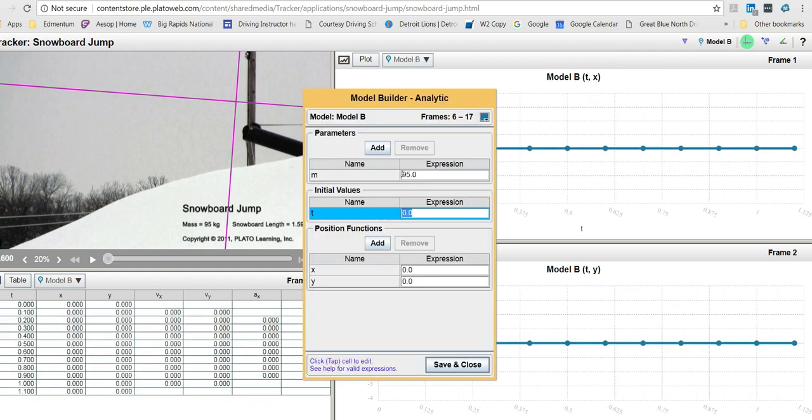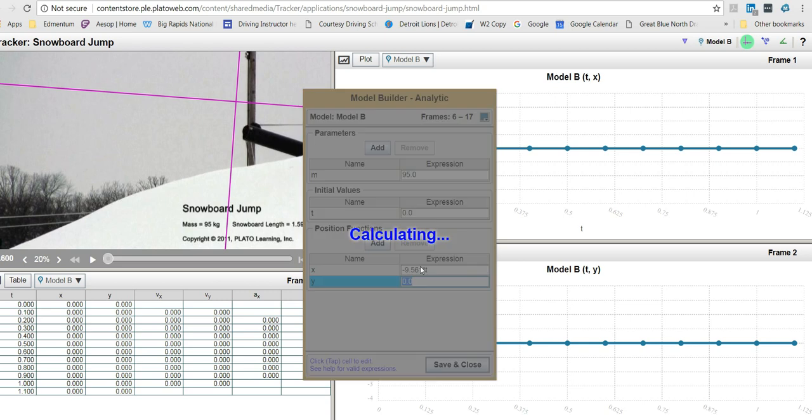Okay, the expression for x0, just keep it at value 0. And then we're going to put the expression, and we'll use a negative 9.561, then put the asterisk sign for multiplication, t.